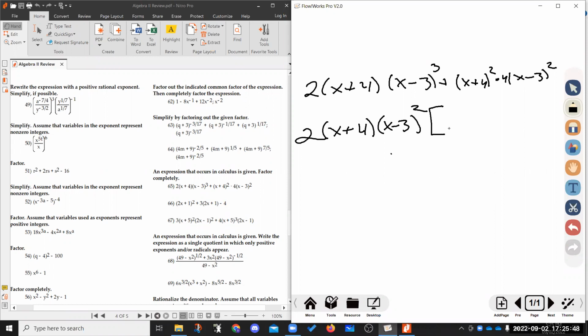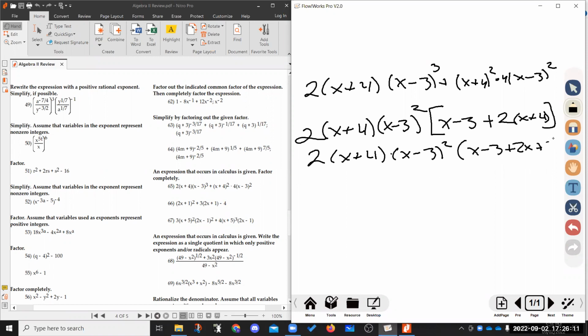So when we do that, we're left with an (x-3) plus 2x plus 4 times... x minus 3 plus 2x plus 8, 3x plus 5, and I factored it completely. I'm done with that one.